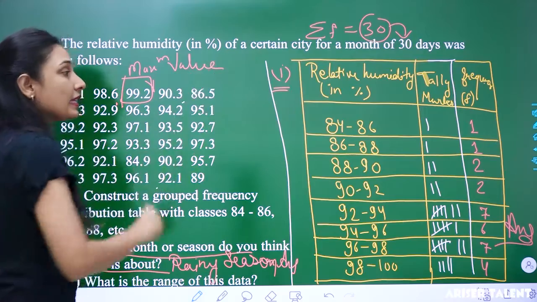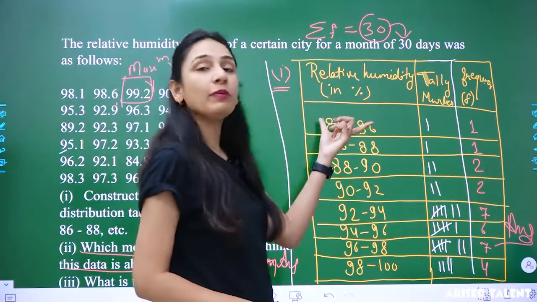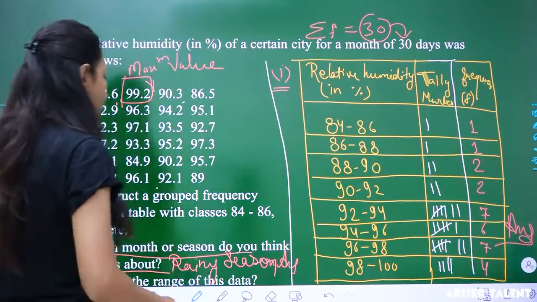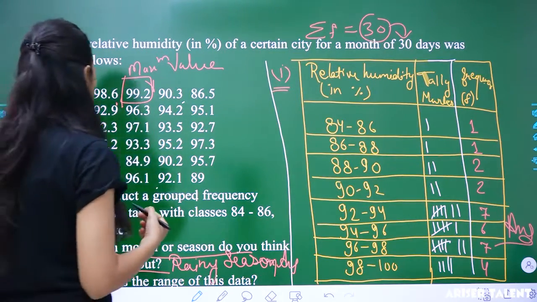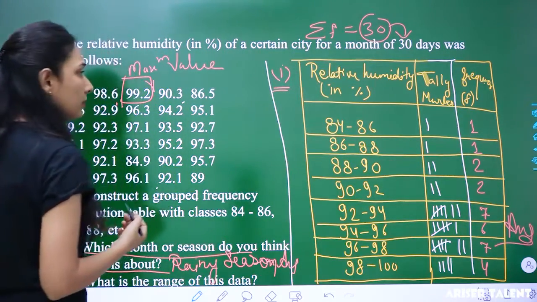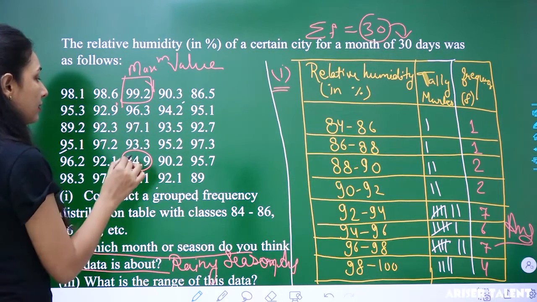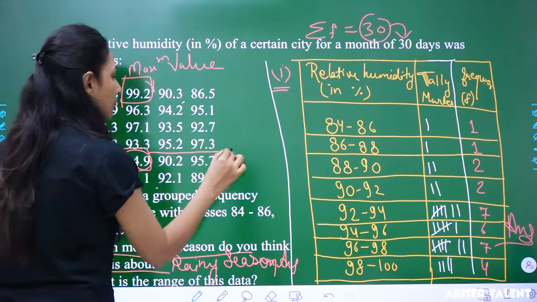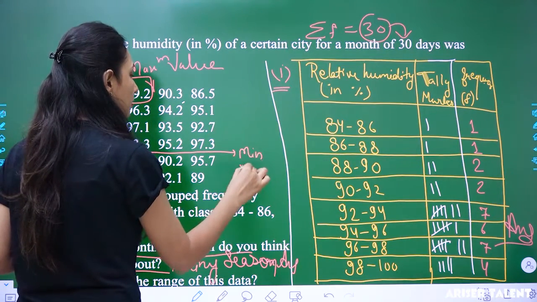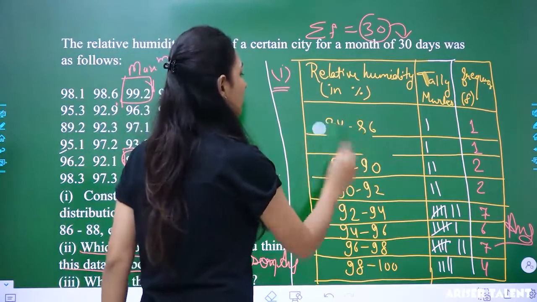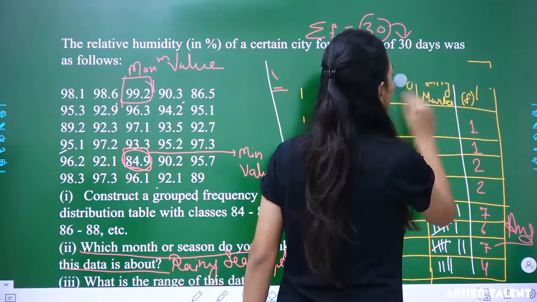If you seek the minimum value, it will be from 84 to 86, and there is only one value there. The value between 84 to 86 is 84.9. This is the minimum value. Then what will be our range?